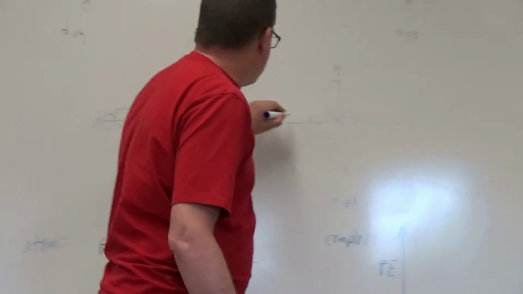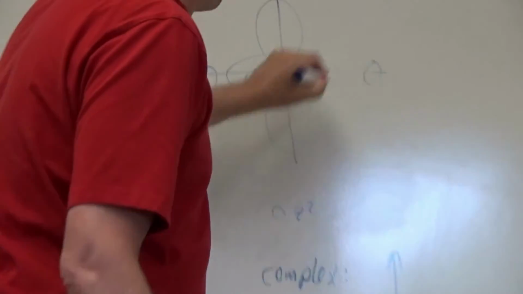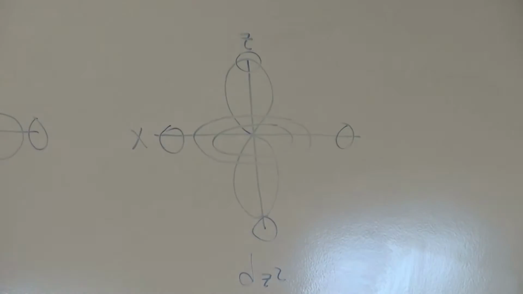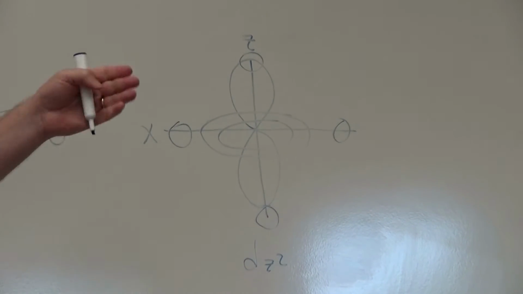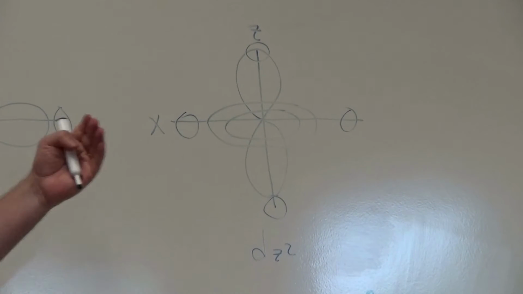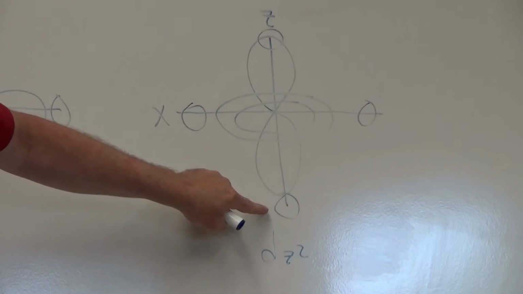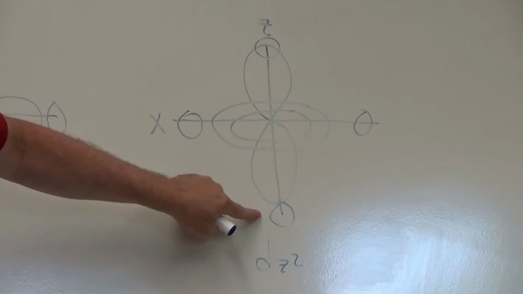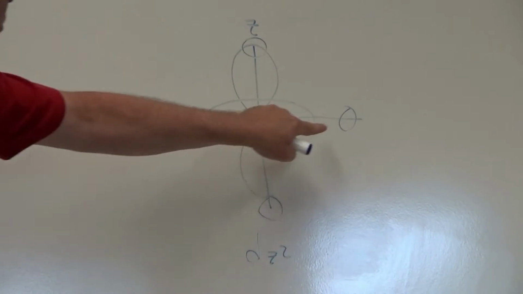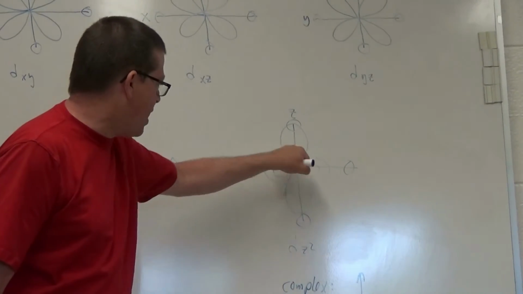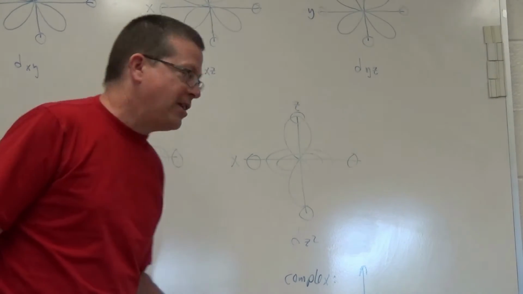Now we can also look at the dz squared case, where we're going to bring our ligands in along the x-axis and the z-axis. And again, we're going to have another high energy repulsive situation here because of the interactions between the ligands and the orbitals along the z-axis, and also with the donut of electron density around the x-axis and the y-axis, which is coming out of the board at you.